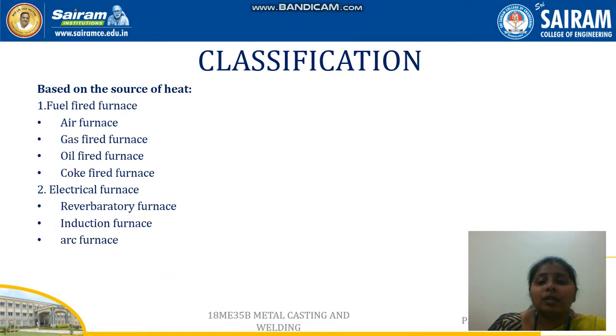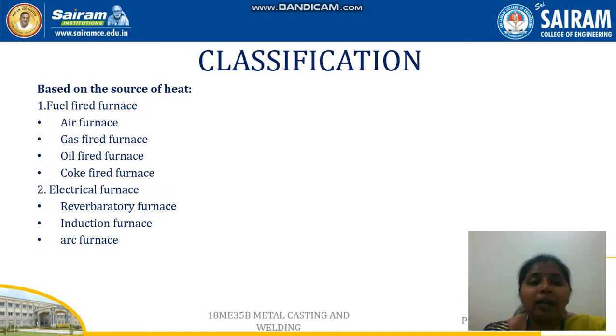The next one is based on the source of heat. Based on the source of heat, furnaces are classified into two types: the fuel fired furnace and the electrical furnace. Fuel fired furnaces are of four types: the air furnace, gas fired furnace, coke fired furnace and oil fired furnace.